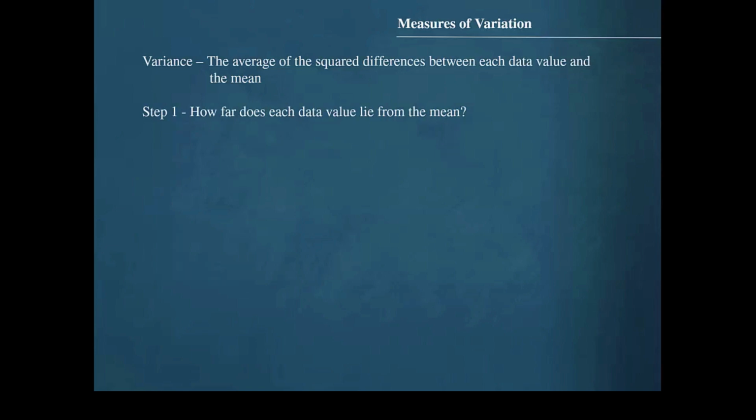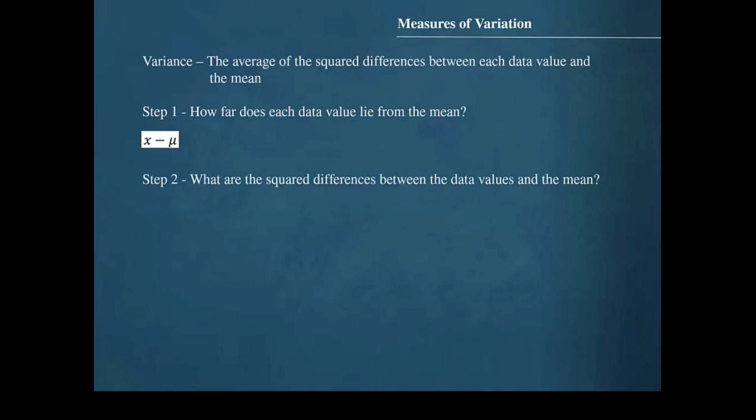Step 1 is to find out how far each data value lies from the mean. We will find this by finding the deviations from the mean, which just means we will subtract the mean from each data value.